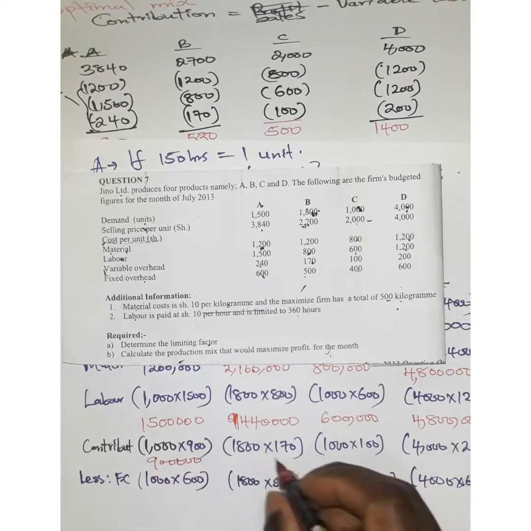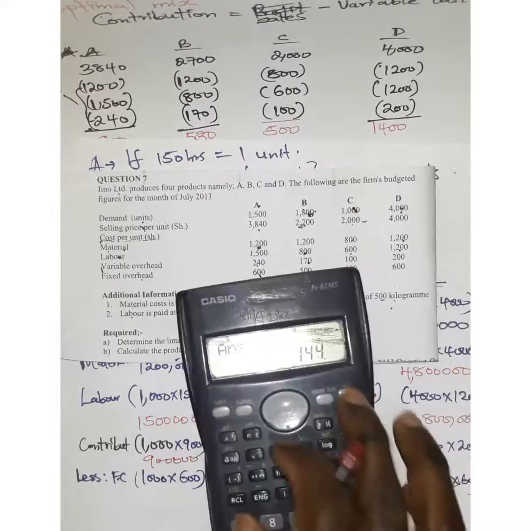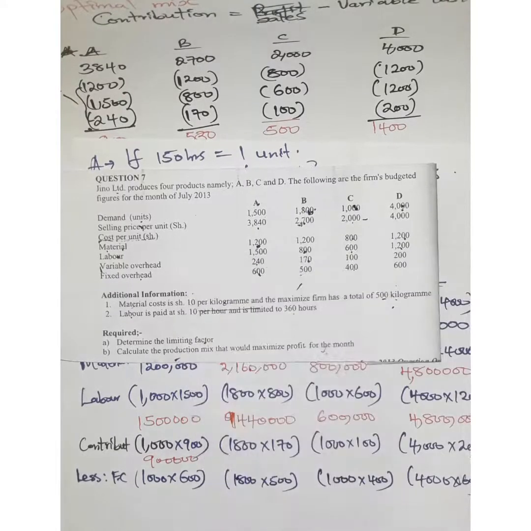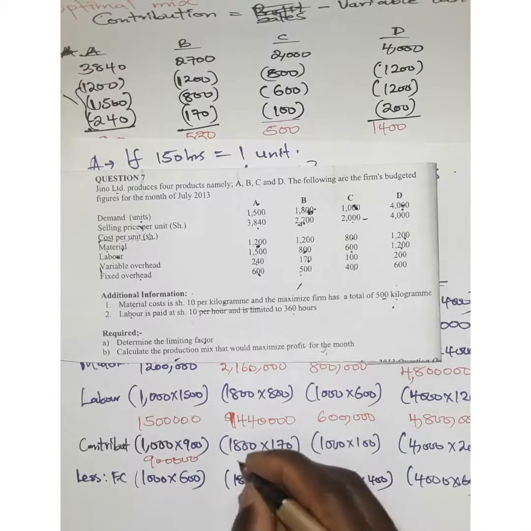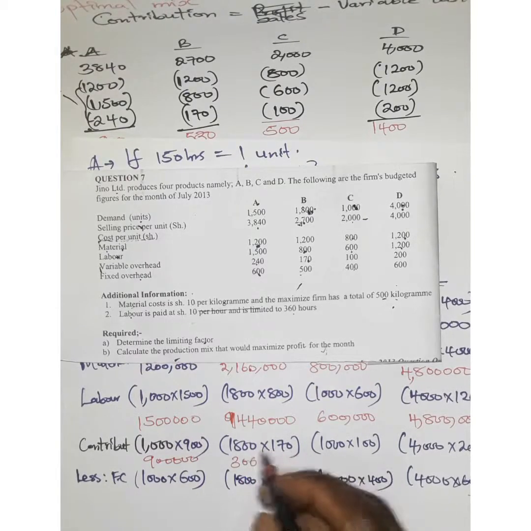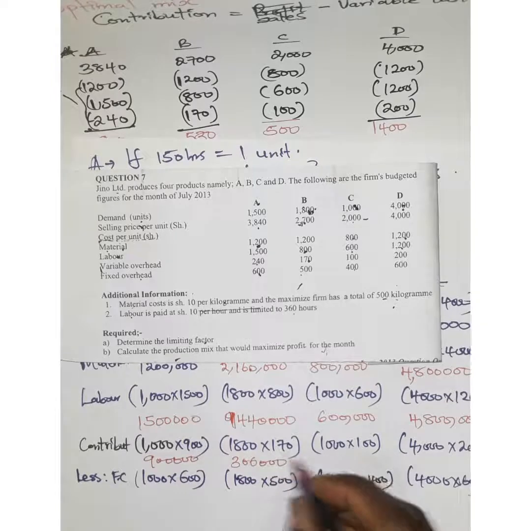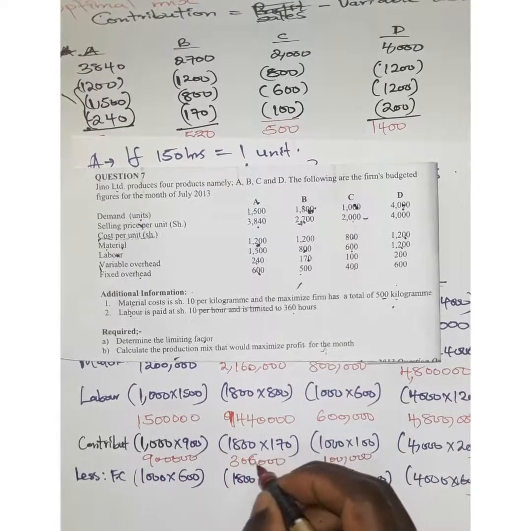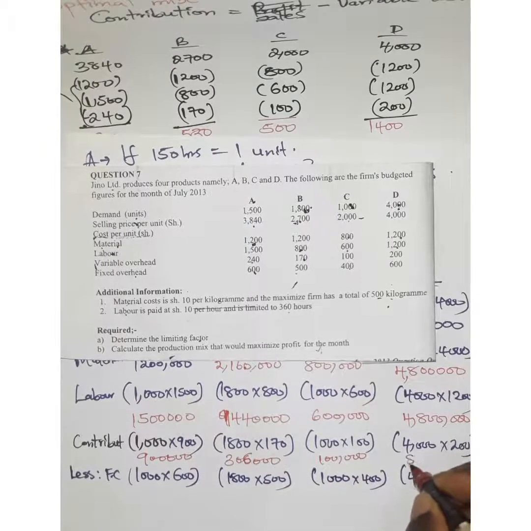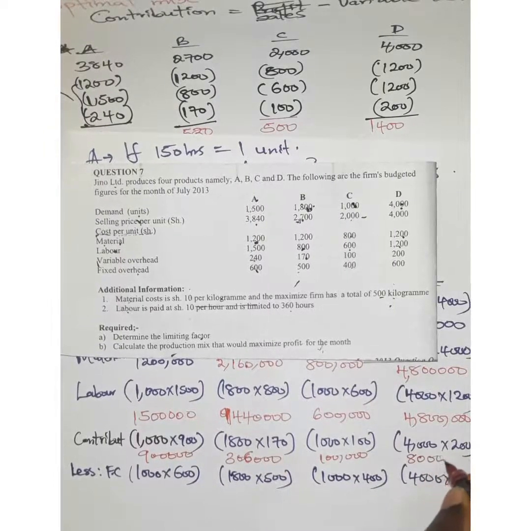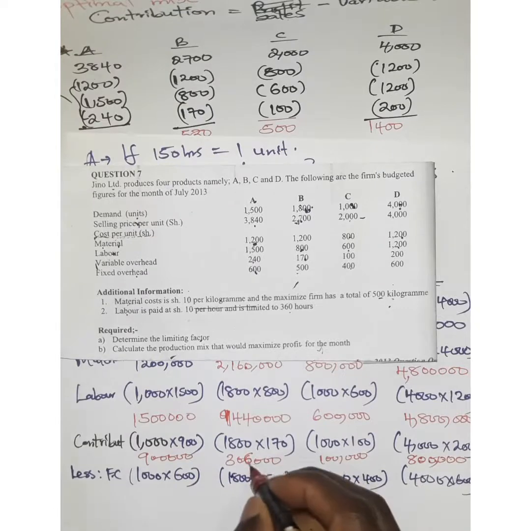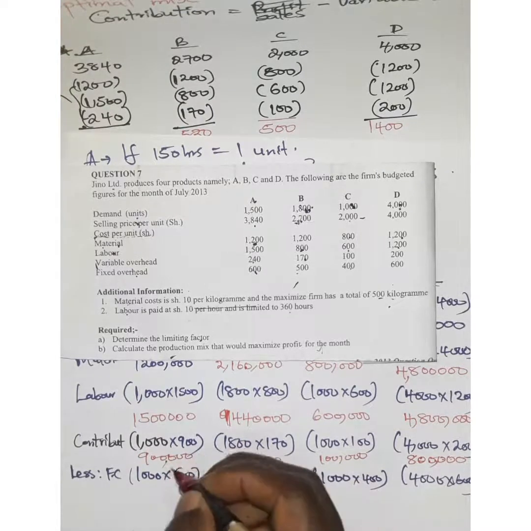And then now when you do the working, here we are supposed to have 900,000 for contribution. Here is supposed to have 18 times 17, you have 306. Then here is supposed to have a value of 100,000. So we have 800,000, 306, and 900,000.